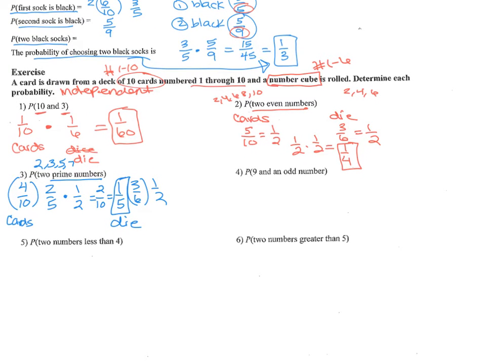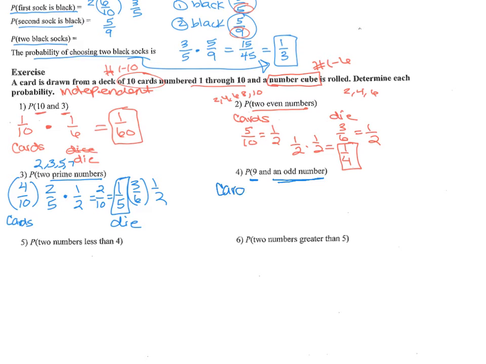Okay, number 4, the probability of landing on a 9 and an odd number. So do the first one. What's the chance of landing on a 9? We're talking about the cards.